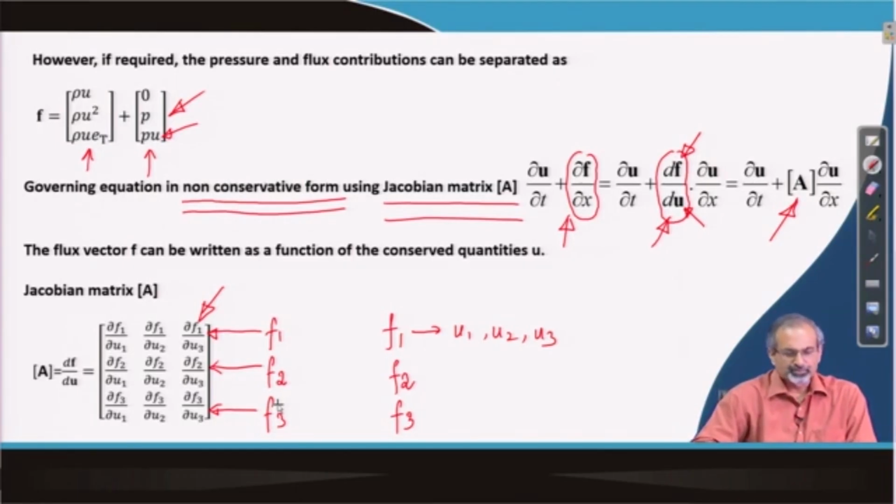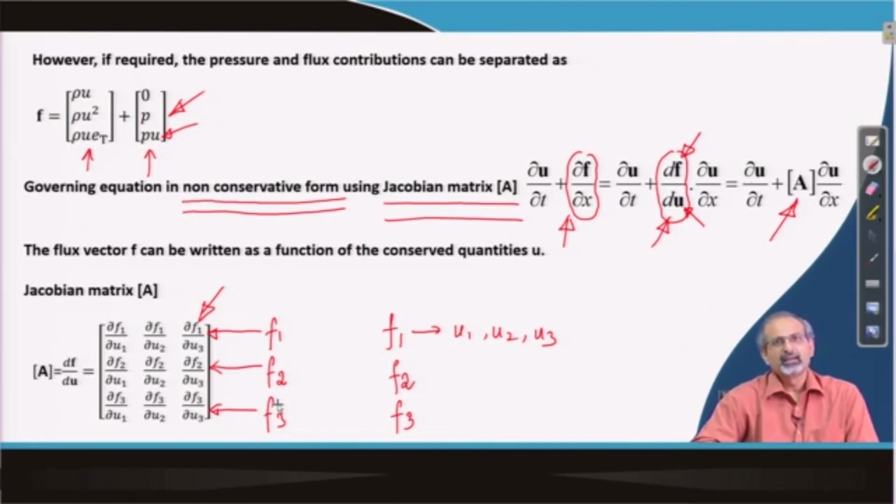All right. So, the next obvious rational step that we need to take is to try to express f1, f2, f3, all of them, in terms of u1, u2, u3. Only then can we obtain the different elements of this Jacobian matrix, right.